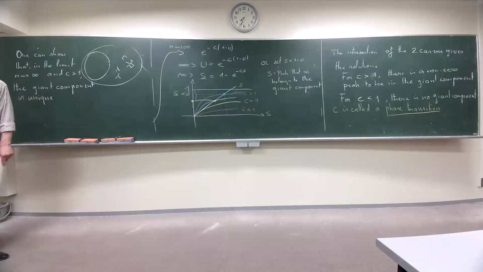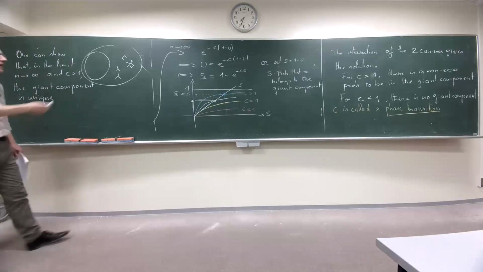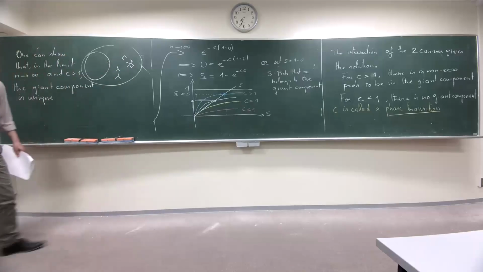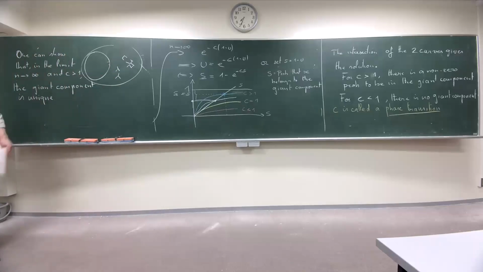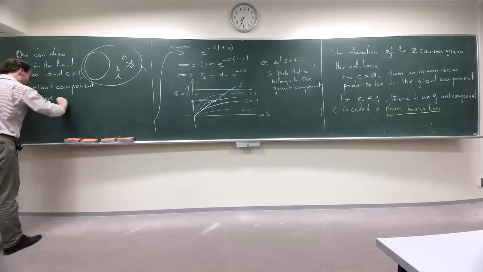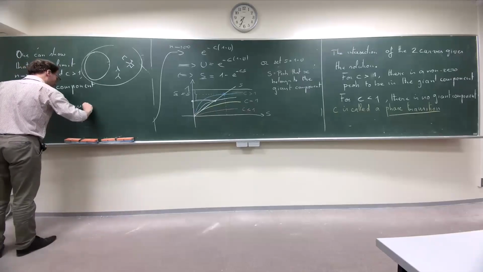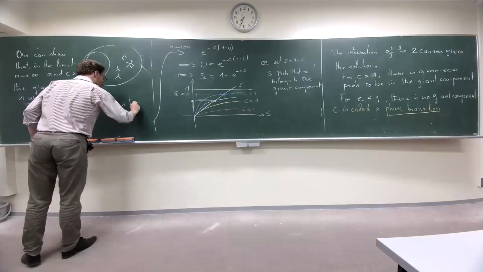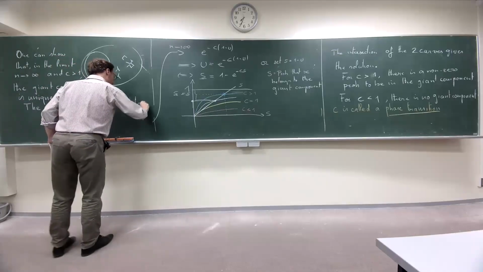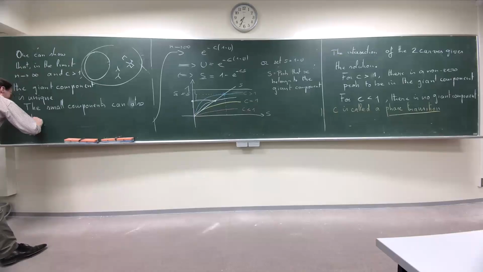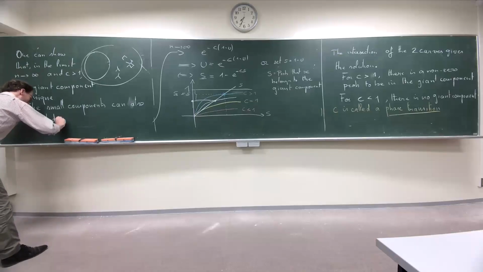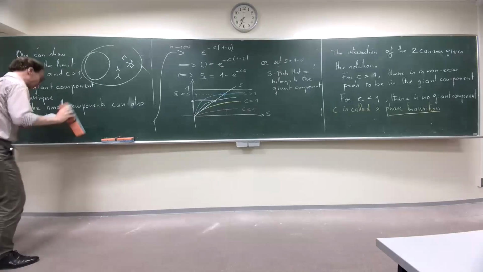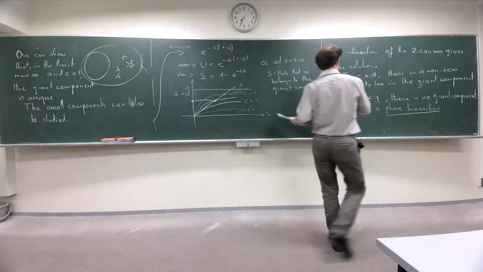If n is going to infinity, you have plenty of them. And they cannot be all connected because they would belong to the giant component. So we can also study these. They are called the small components, and they can also be studied. It's quite interesting. So I'm going to state a few results about them. Let me just keep this for a second.